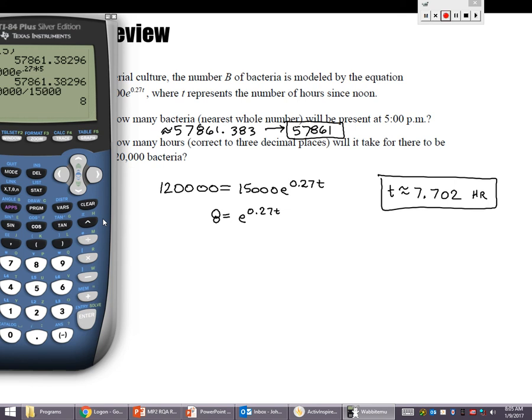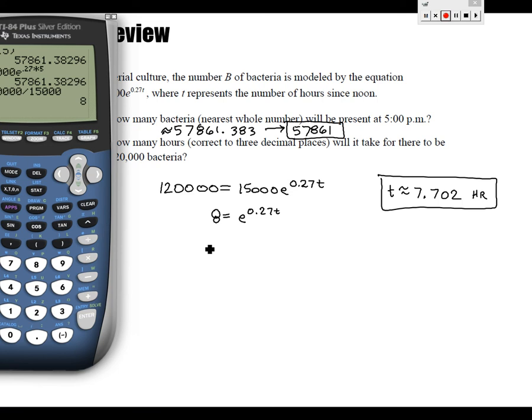Isn't that the question you're asking yourself? Like, what is this power that I would have to raise e to get 8? And that question is exactly the question that a logarithm answers. And in particular, we need a log base e. And we usually just write that as ln 8.